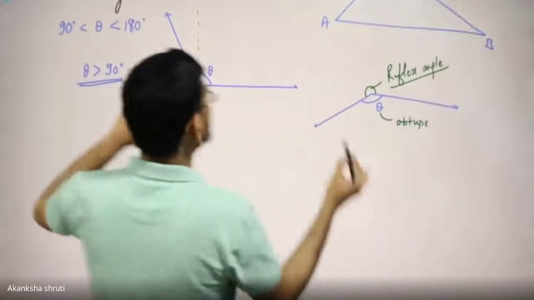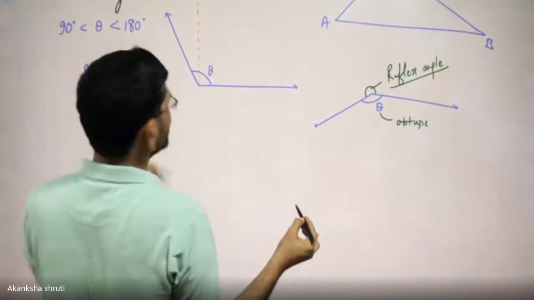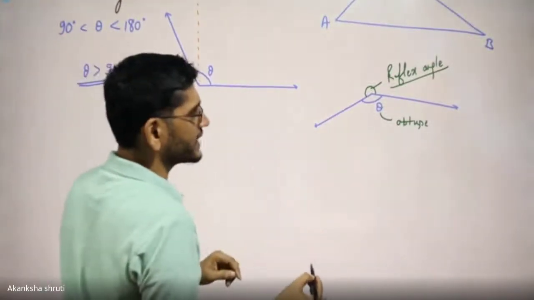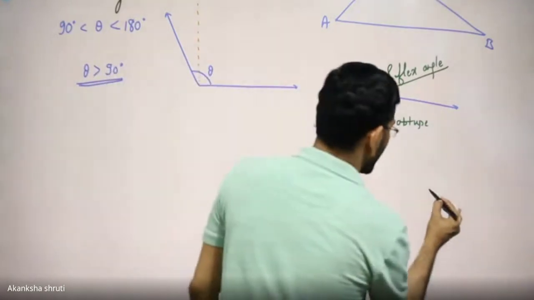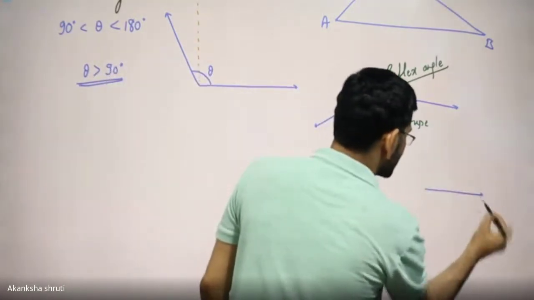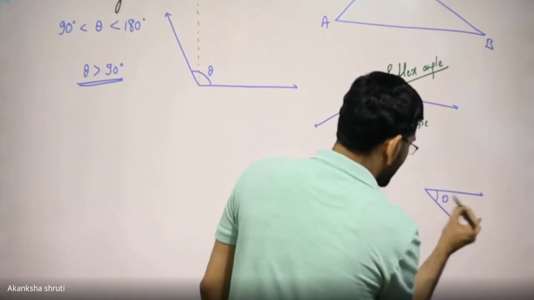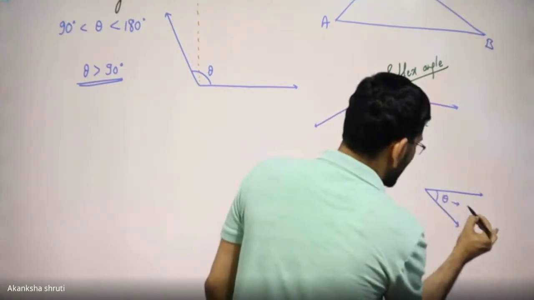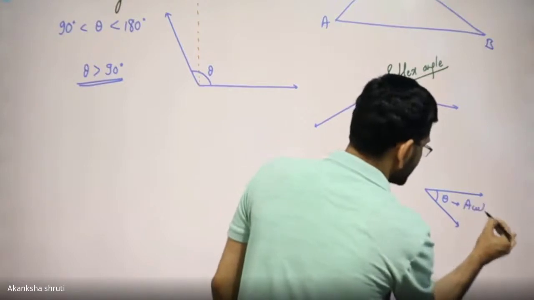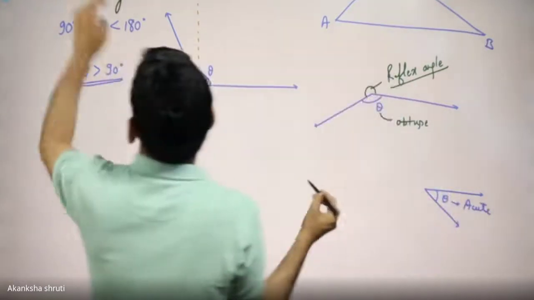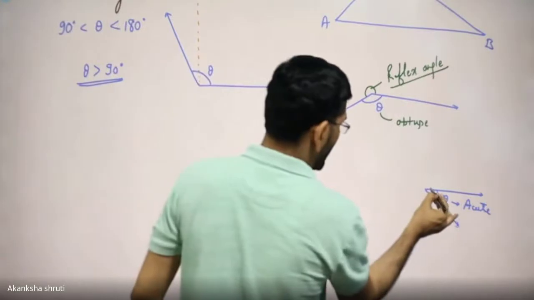Students, so reflex doesn't mean it is formed only at an obtuse angle. It may be possible that the angle is like this. Here this angle is your acute angle, but still the opposite side angle is formed.